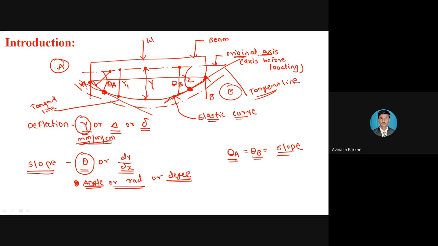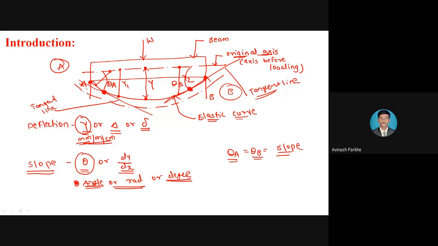At the center point, is the slope value maximum or 0? It is 0, because at the center point there is no tangent point. Please keep in mind. Yes, correct. At the center point you will not get the tangent point. You will get the tangent point near the support only.